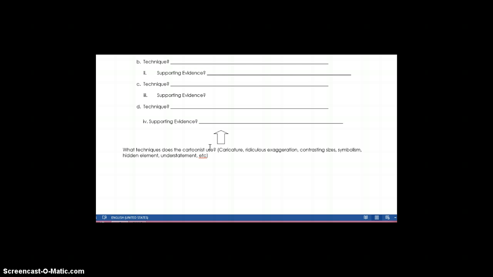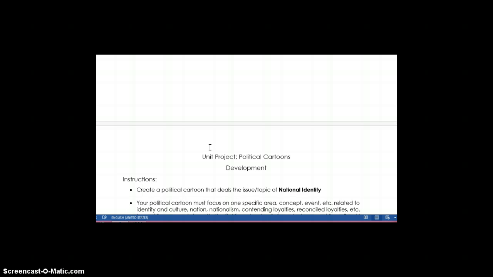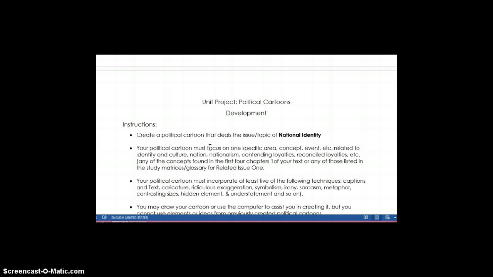Once you have done this, and once you have answered the question, you then will move on to the second part. In the second part of the project, what you will actually do is create a political cartoon for yourself. The political cartoon that you will create must deal with the topic of national identity in some way.